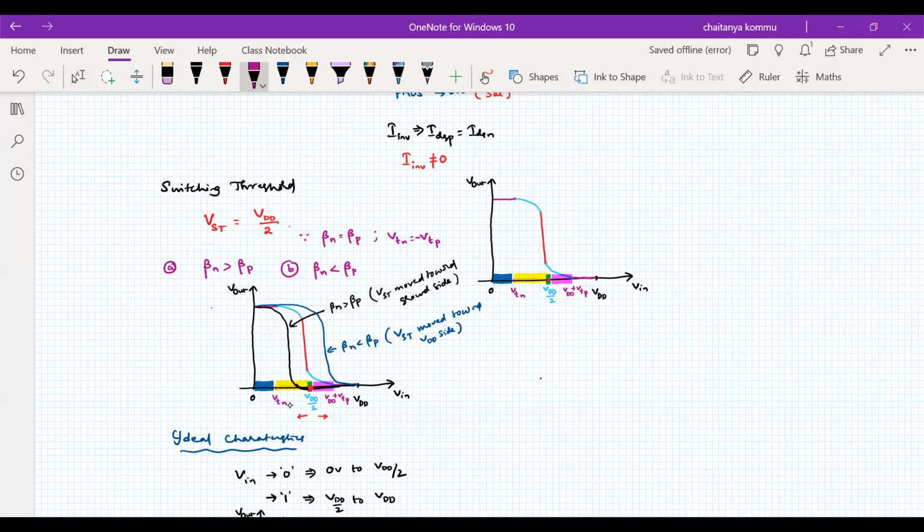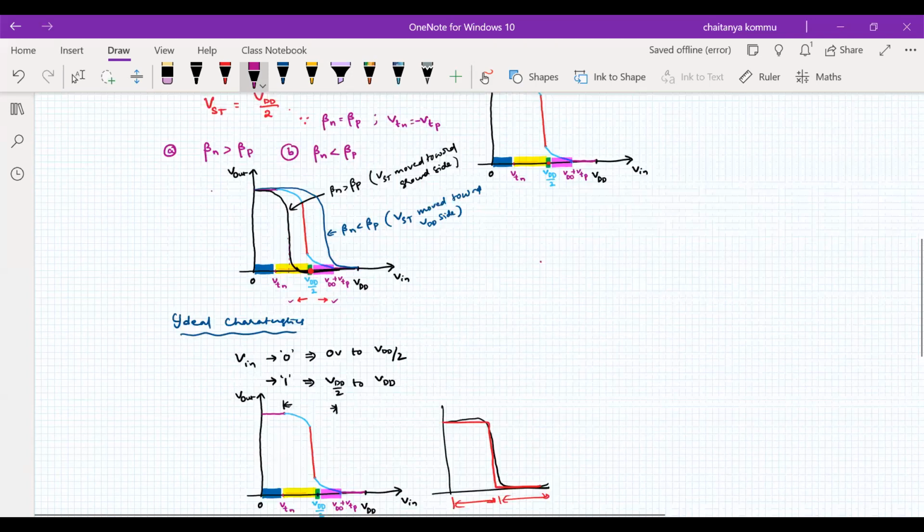In that situation, the switching threshold will move towards the ground side. So now the switching threshold is something like this. What about if beta n is less than beta p? The switching threshold will move towards the VDD side. Here is the ground side, here is the VDD side.